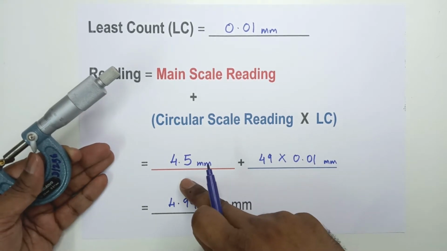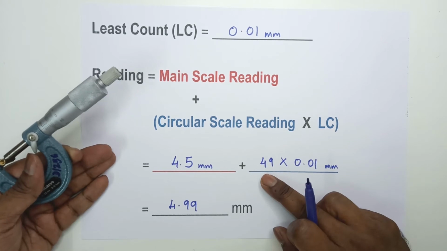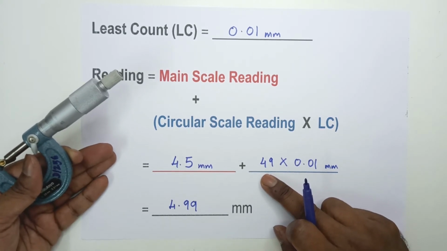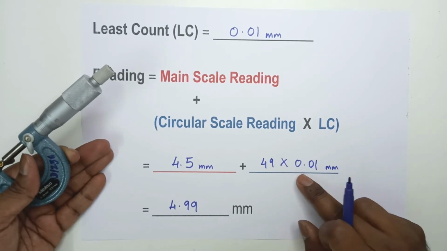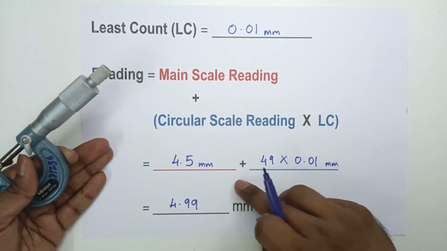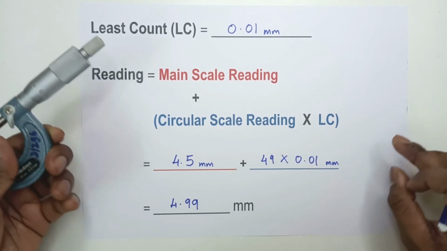So 4.5 on the main scale, then on the circular scale the 49th division is coinciding with the main scale reading, and you multiply that with the least count. That is 0.49, and then you add 0.49 to 4.5 and your answer comes out to be 4.99 mm.